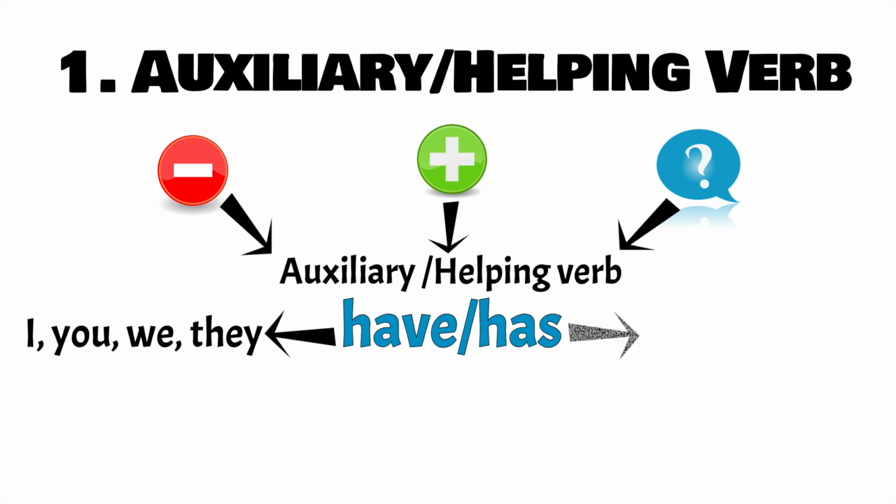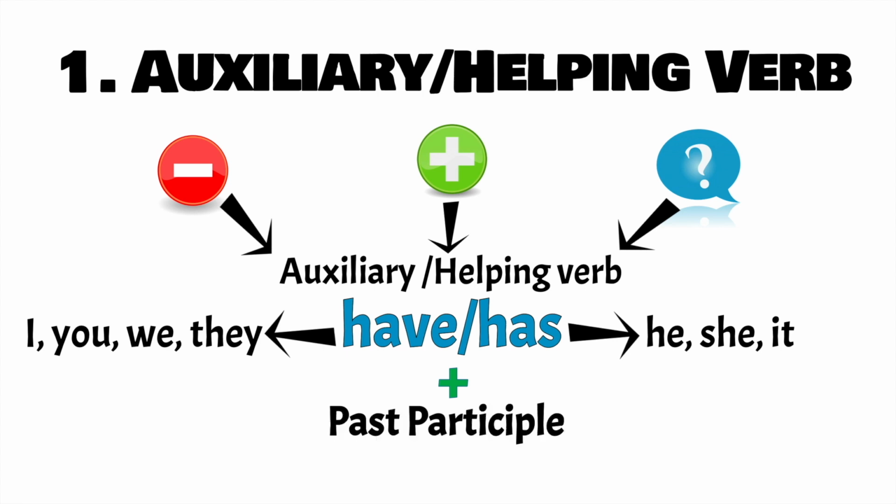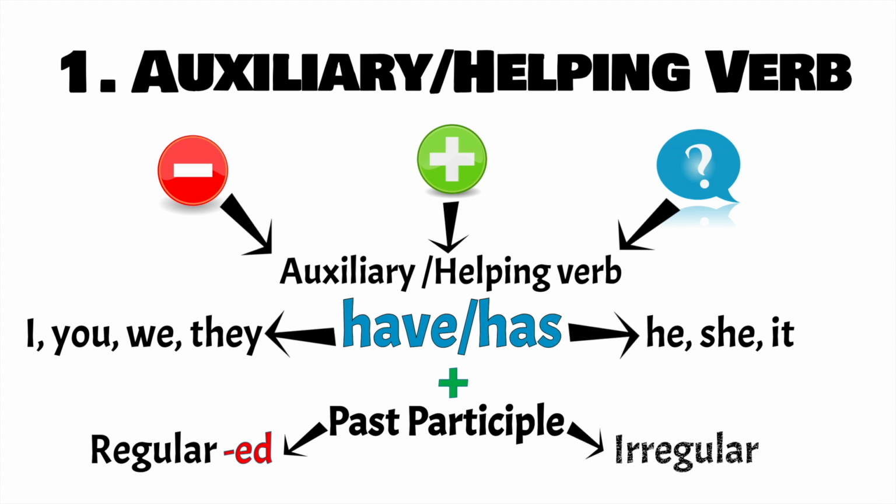Has instead, we use it for he, she, and it. Then we need a past participle for sure. For all these types of sentences, the past participle can be regular, so ends in ed, or irregular. And this is when you have to use your memory.